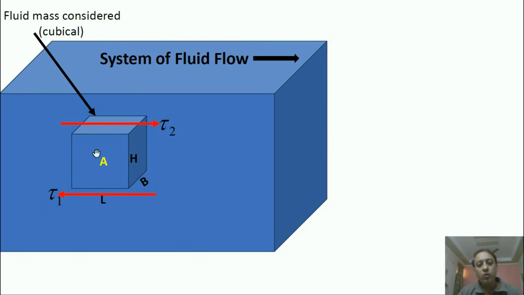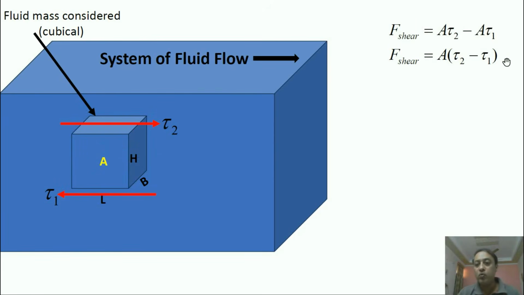To move this cube in the positive direction of x, tau 2 has to be greater than tau 1. If we want to find the force, we know that force equals shear stress into area. A is the area of each face of this cube. Then this will be the total force due to shear stress on this cube: A into tau 2 minus A into tau 1, that is, A outside, tau 2 minus tau 1. So tau 2 is greater than tau 1 here, and this will move the cube in the positive direction of x.